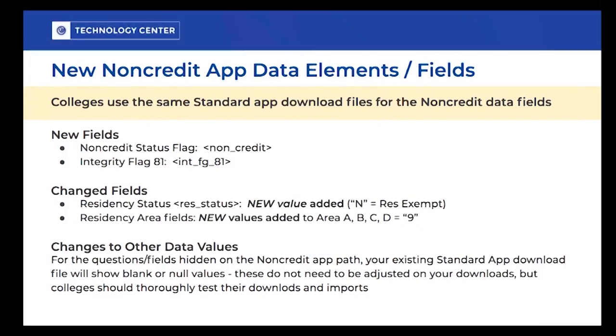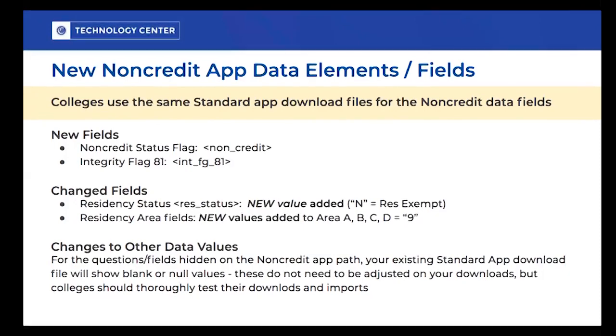We also added a couple values to the residency status fields. Not all the residency questions were hidden, but behind the standard application, there is a residency algorithm. It has 4 areas that are calculated separately. A is citizenship, B is the California residency, stay and intent, C is military information, and D is special residency.